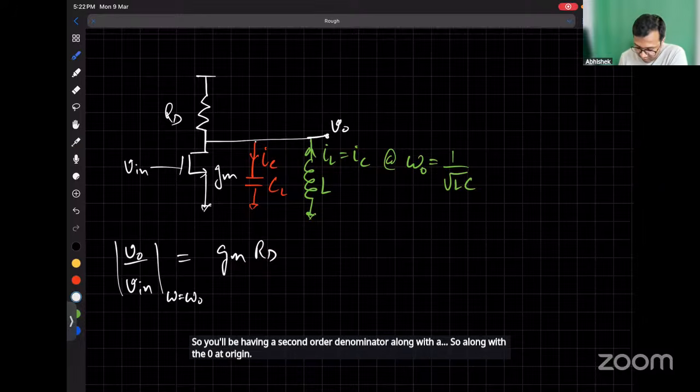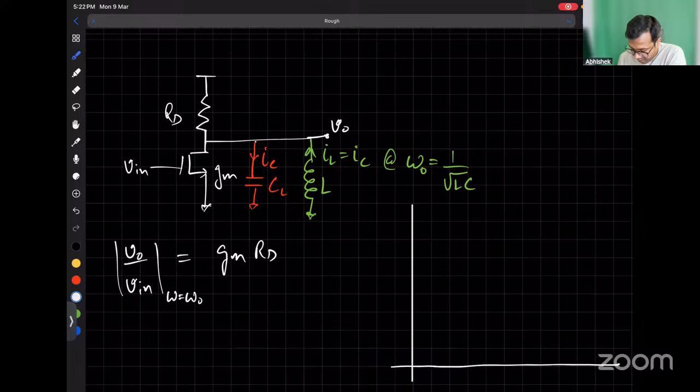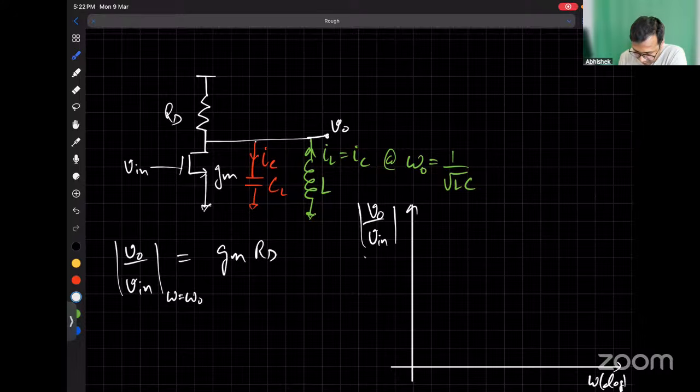So the frequency response you are going to get will be looking like this.